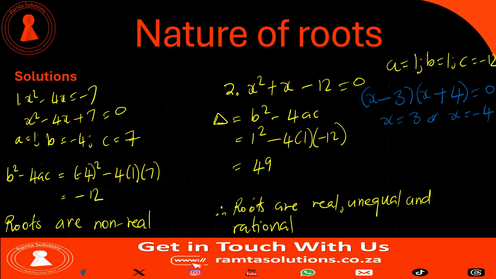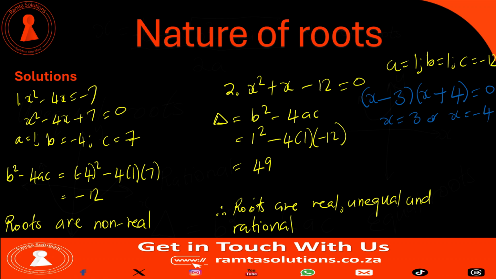And is this rational or irrational? Remember I said to you, to test whether they are rational, you have your answer there. Just put your answer in a square root. If you find, let's say, a whole number, you must know that your roots are rational. But if you find it with something else, with decimals, they are not rational.